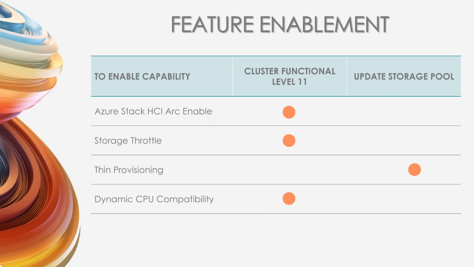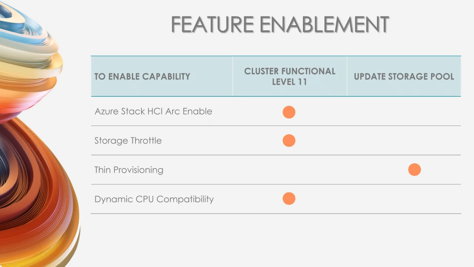The same for, with 21H2, you have to unregister Azure Stack from Azure itself and re-register, but you have to make sure the cluster functional level is set to 11 to enable Azure Arc at the node level, that capability at the node level.